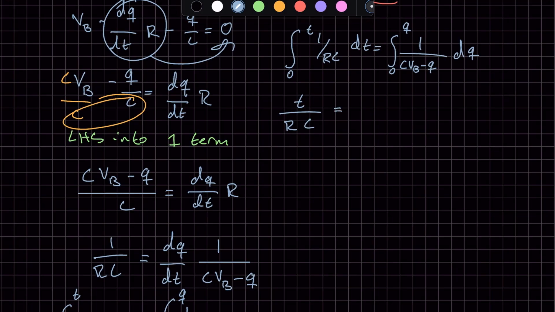Is equal to, this is a little bit more complicated of an integral. What we can do when we have a function on the bottom of a fraction in an integral is what's called u-substitution.